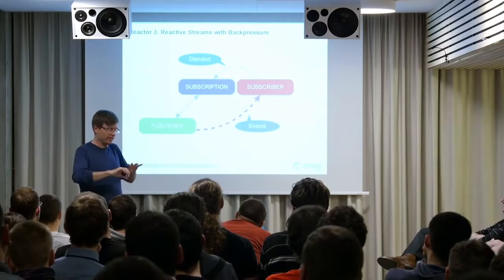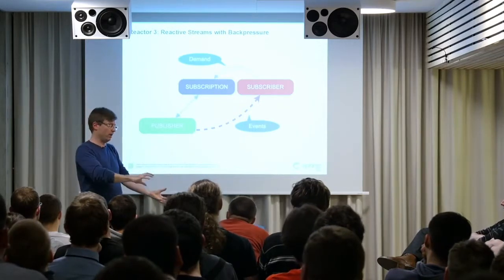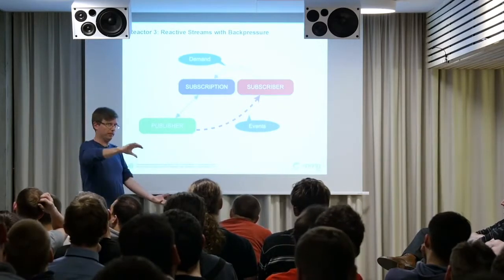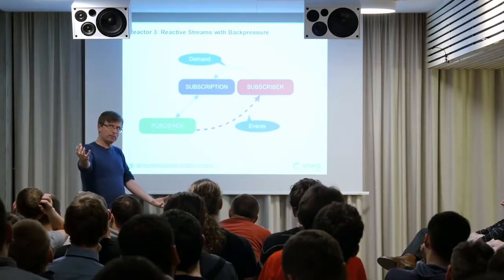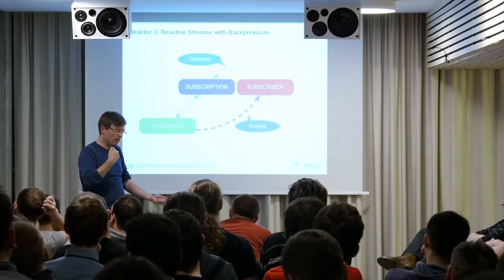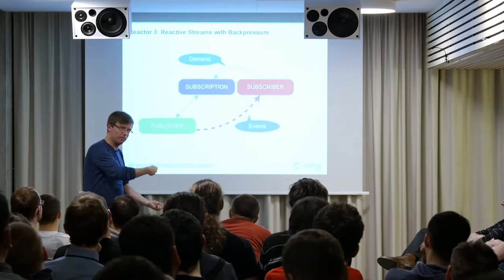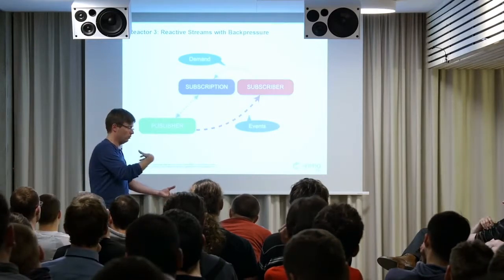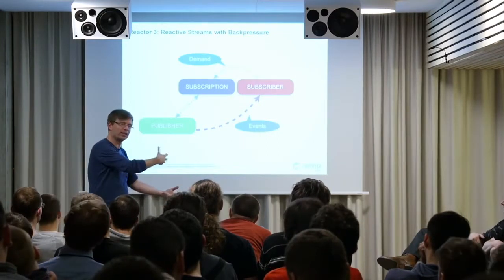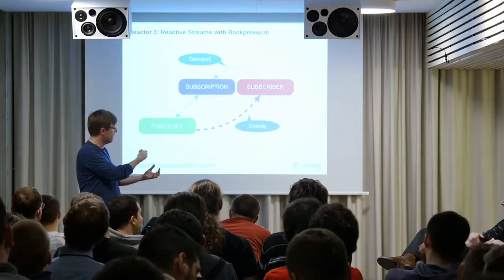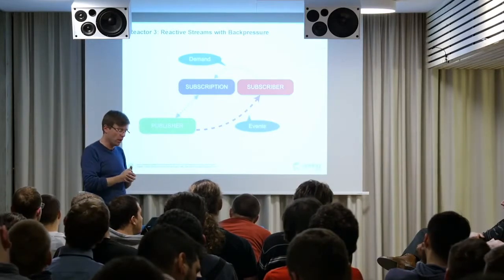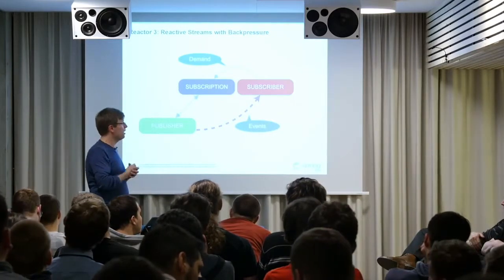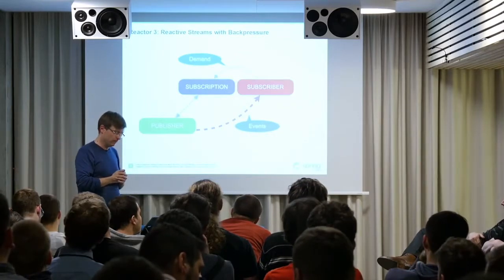So the publisher is basically just a set of instructions of a data processing pipeline, right? And the moment the subscriber registers, the subscriber may start asking the publisher to send a few chunks of data towards it as the subscriber is capable of actually processing them, and only once the subscriber is actually registered.